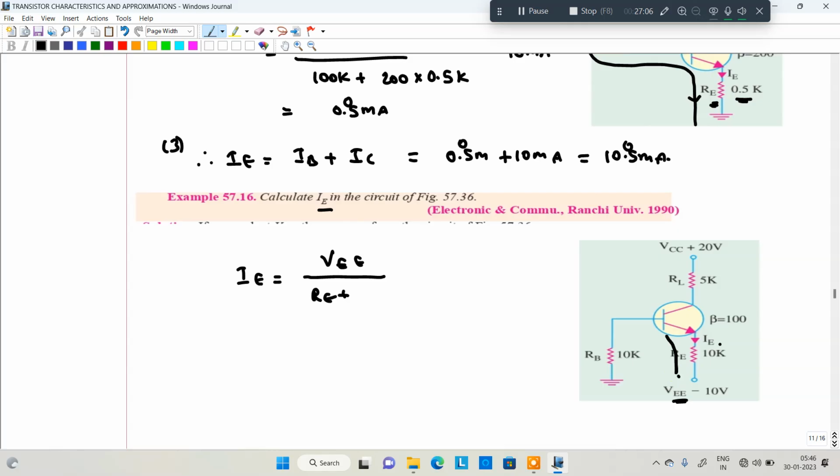So this is the path I am going to take, RB referred to the emitter circuit. Which current are you considering now? IE current. That's why RB is referred to IE.